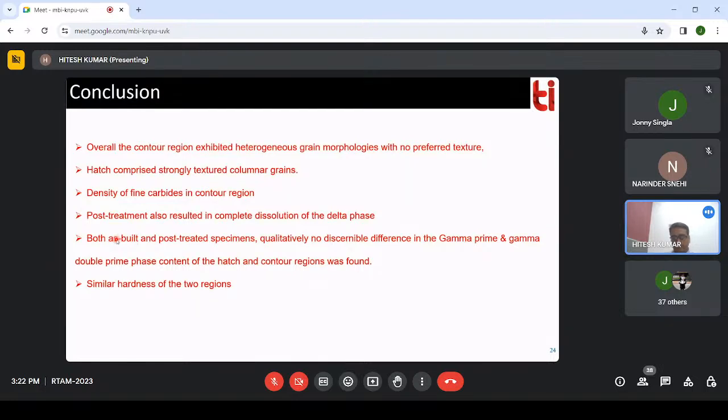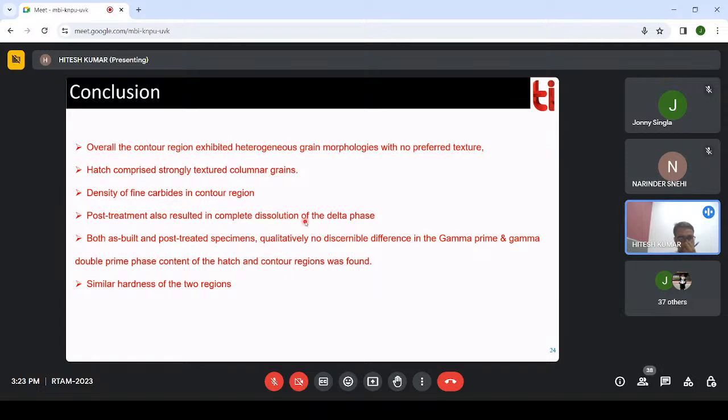And then we also calculated the precipitates in the sample. What we observe is that the density of fine carbides in the contour region is more, but after heat treatment, the delta phase which we observe is completely dissolved.